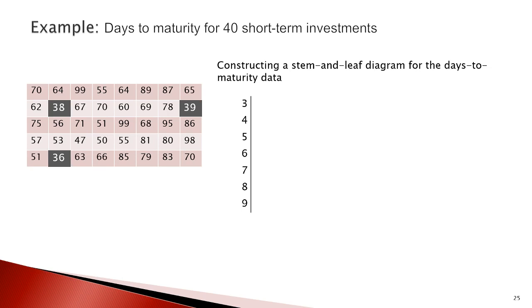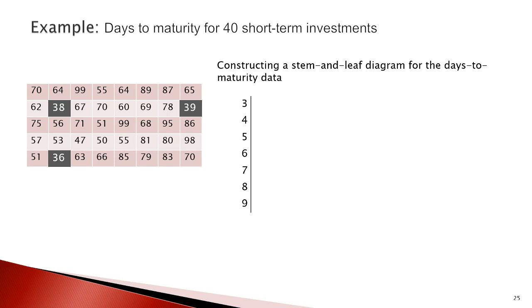The stems are 3, 4, 5, 6, 7, 8, 9. First, find the numbers that begin with 3. Then put the last digit of each of those numbers in front of 3.